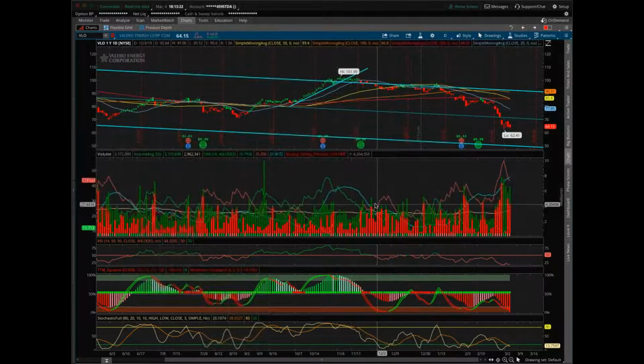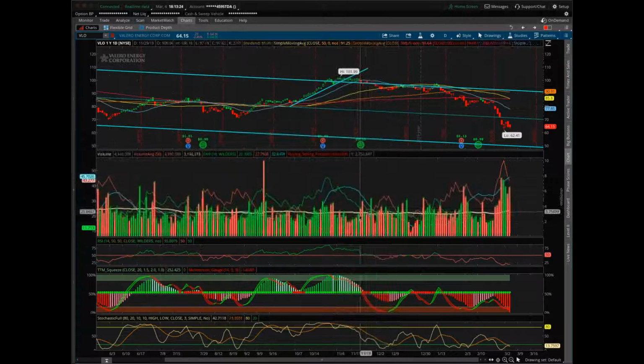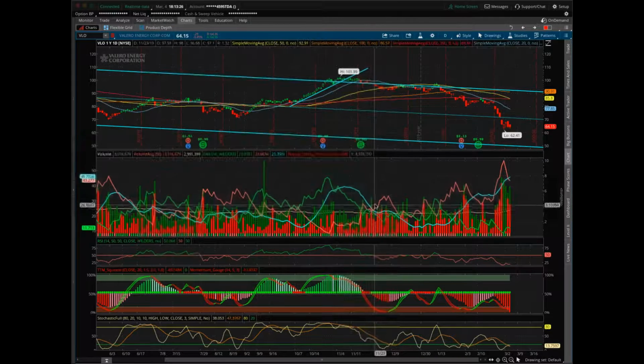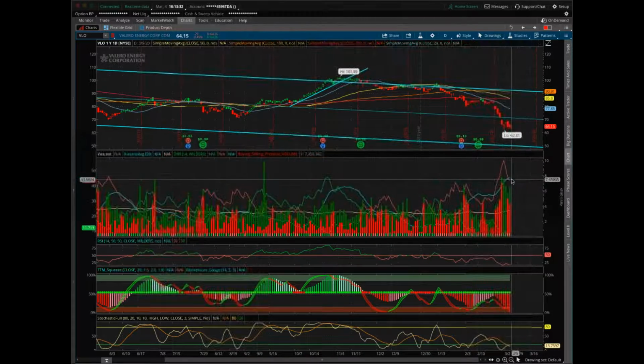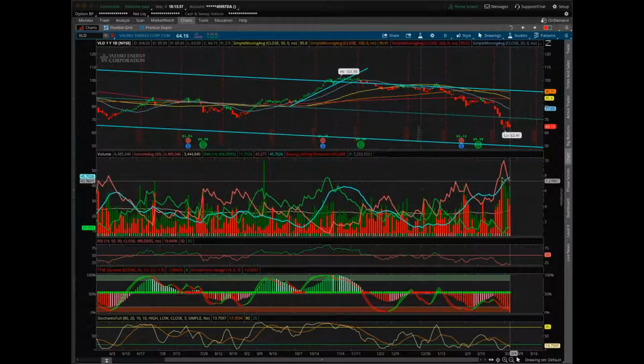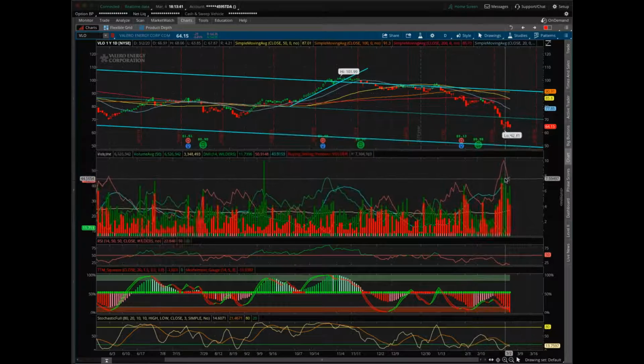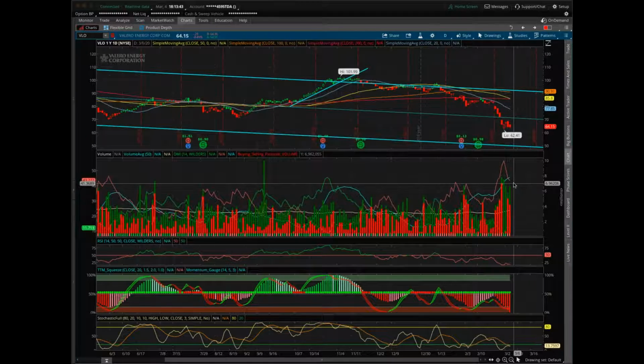And then what happened? The DMI red crossed over the green and crossed over the blue and took control, and it's been in control ever since. And now it looks like the DMI blue is trying to cross over the DMI red, suggesting that in time there's going to be a possible trend change as well.